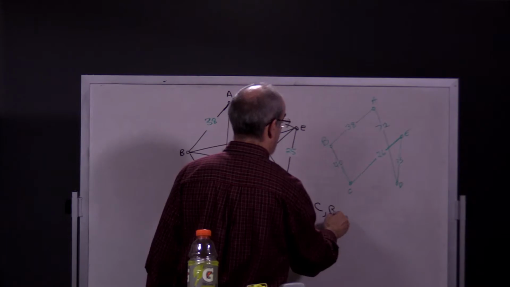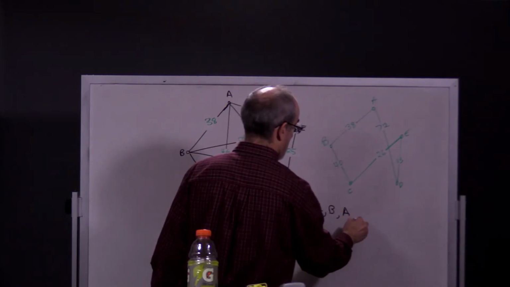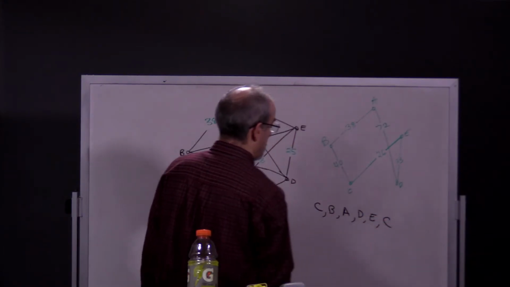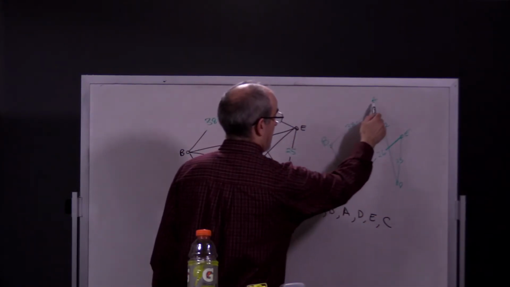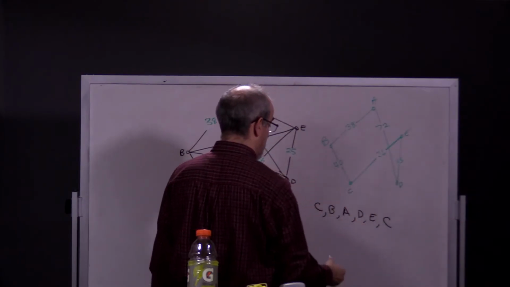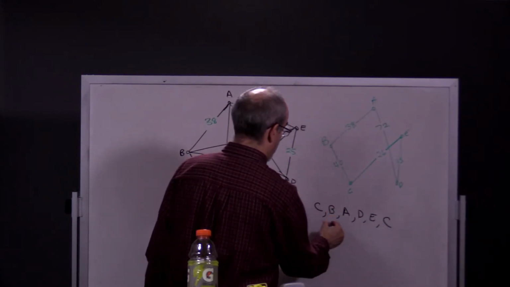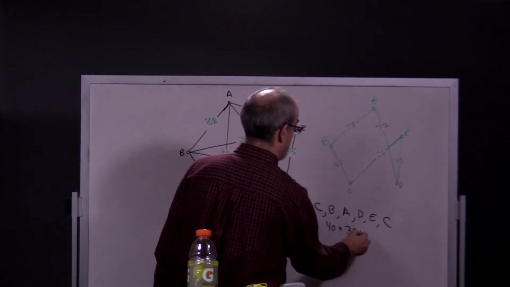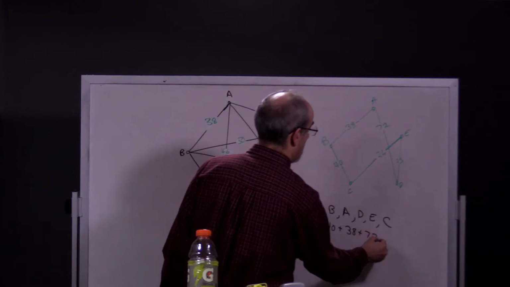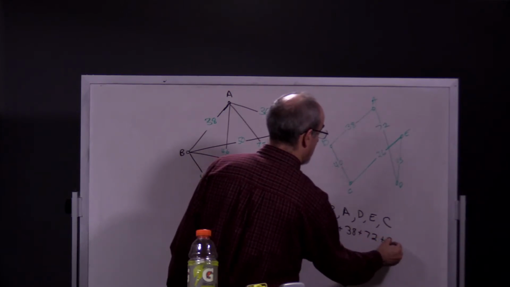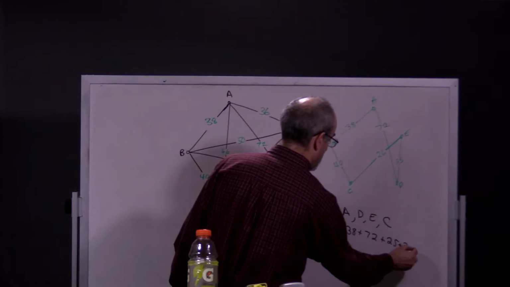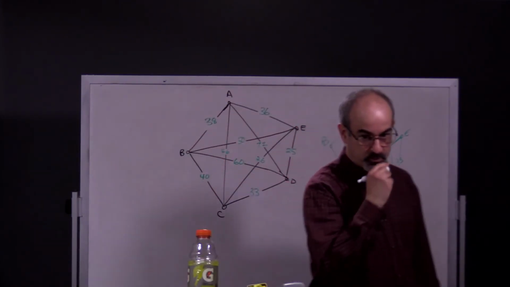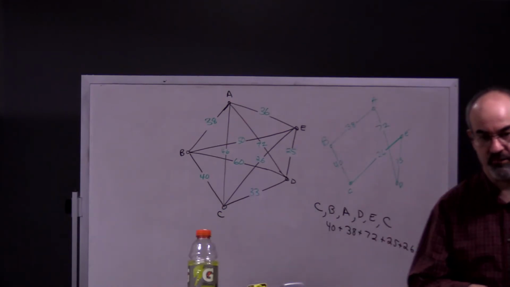Let's go to B, then A, then D. So we went from C to B to A to D to E, then back to C. This is going to be 40 plus 38 plus 72 plus 25 plus 26. Since it's K5, you'll have 5 numbers to add up.